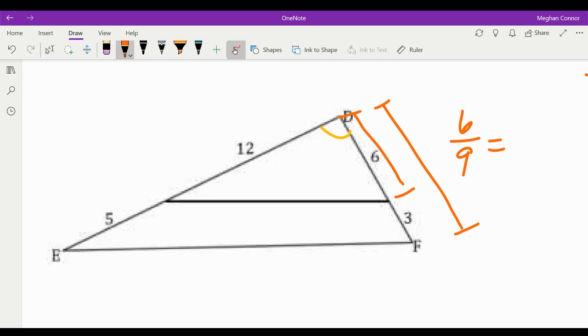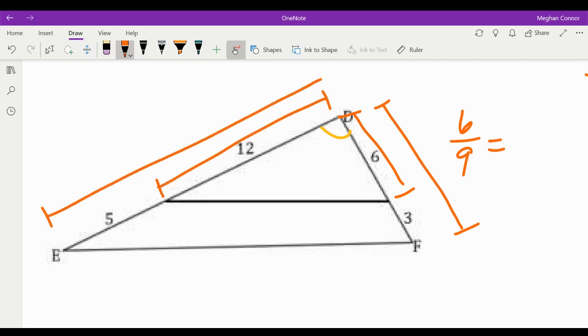And then this guy would be 12/17. 6/9 is 0.6 repeating, and 12 divided by 17 is 0.70.